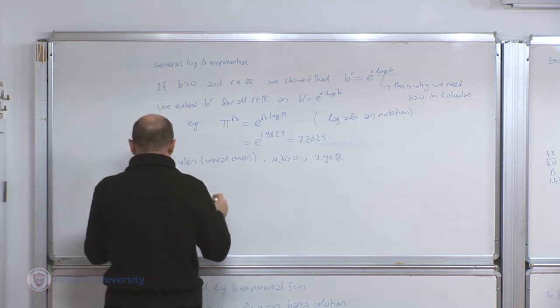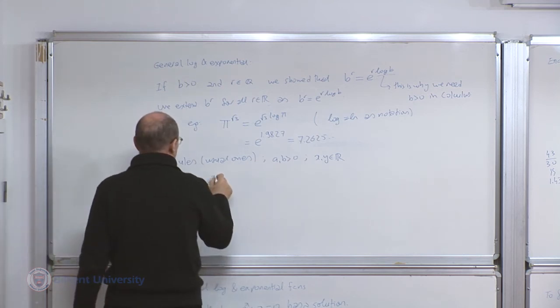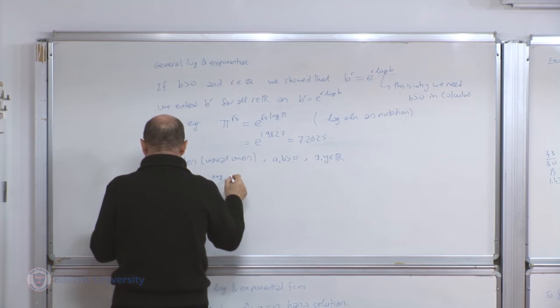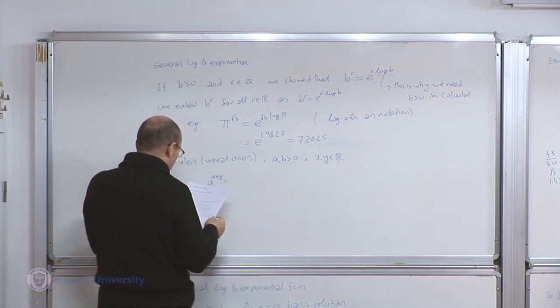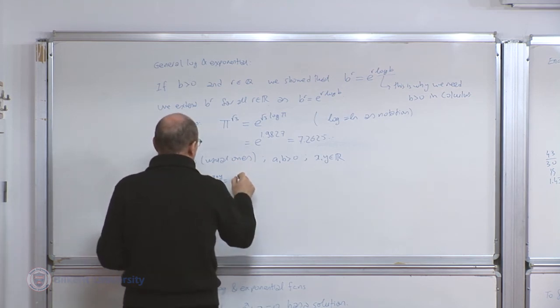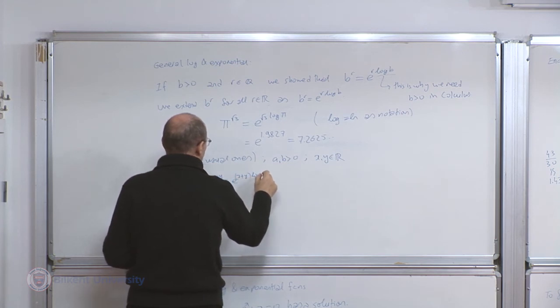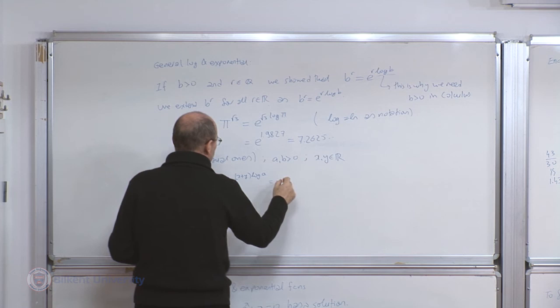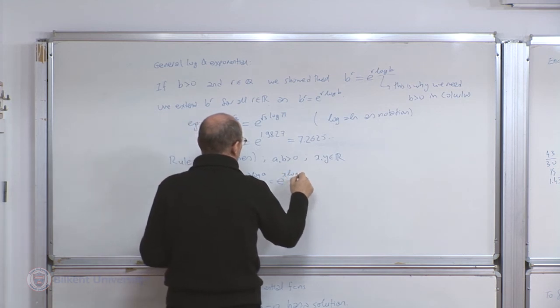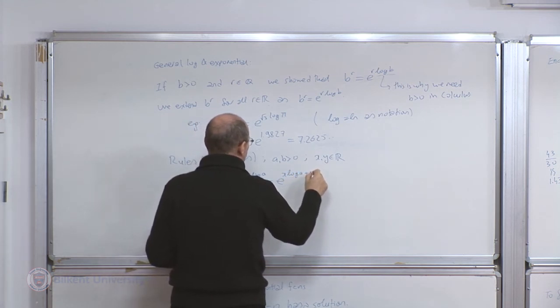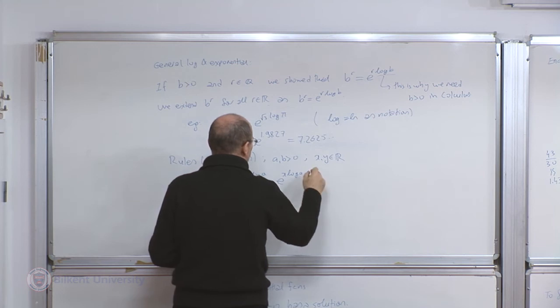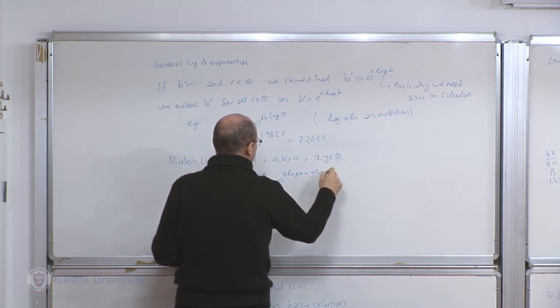The usual rules are a to the x plus y is equal to, let me do just one of them, e to the x plus y times log a. This is e to the x log a plus y log a.